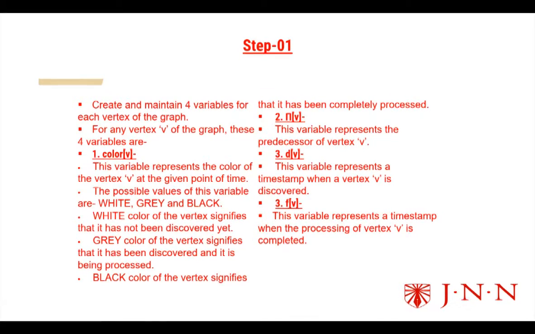But when we are going to finalize it, we introduce the new variable f of v. That f of v is a final variable that represents the timestamp when the processing of the vertex v is completed.